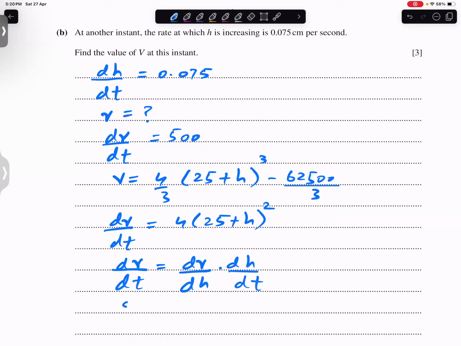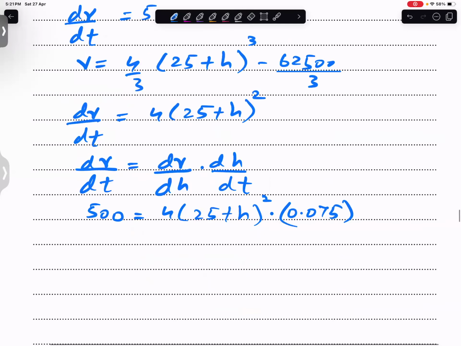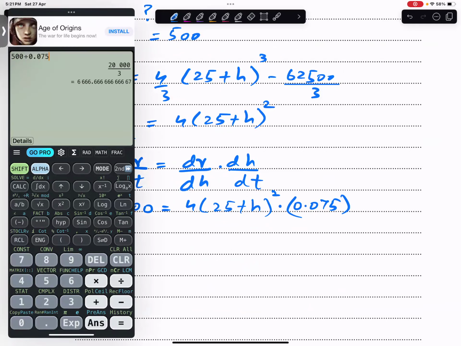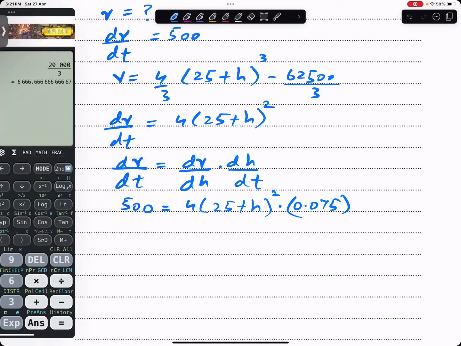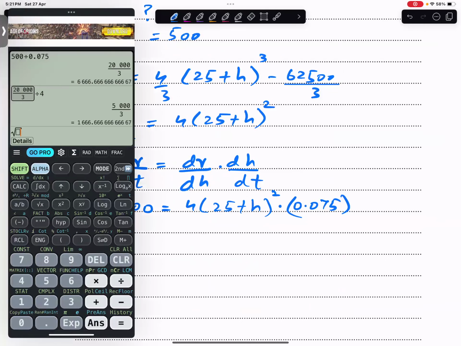So dv over dt is given, that is 500, and dv over dh is also given, that is 4 times (25 plus h) whole square, and dh over dt is given, 0.075. Let's find h from this equation. So 500 divided by 0.075 divided by 4, under root.